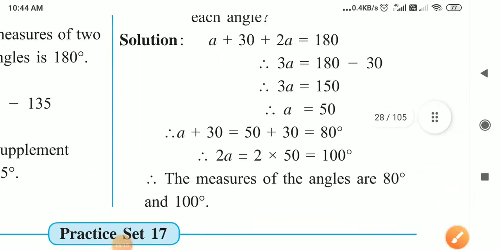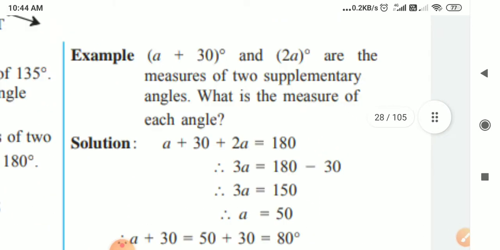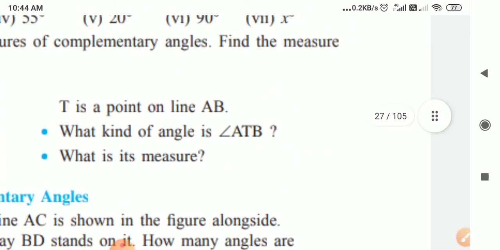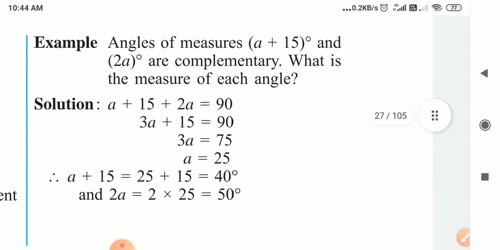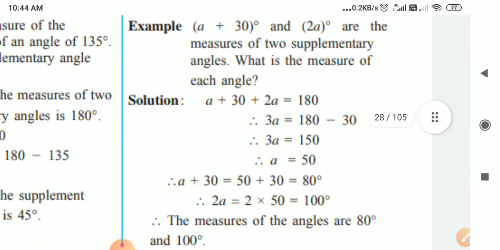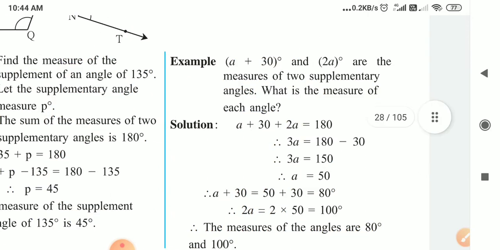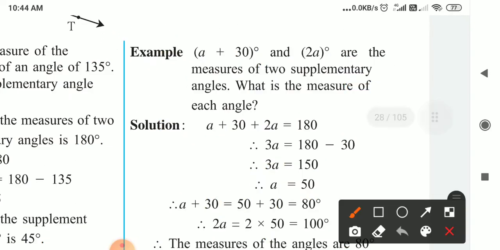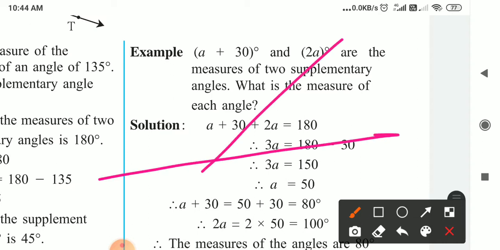Now here is another question, same as yesterday's, only now we use supplementary instead of complementary. Two angles are given in terms of a. Suppose one angle is a plus 30 and the other is 2a.